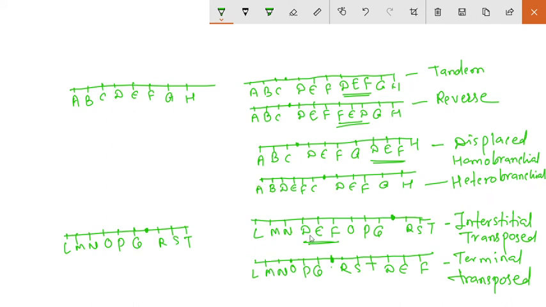Then the detached part is attached as an additional part on the non-homologous chromosome. When it is in the middle position, then it is interstitial, and which is at the tip, that is the terminal transpose. So these are the different types of the duplications. Okay, I hope you got the points. Thank you very much.